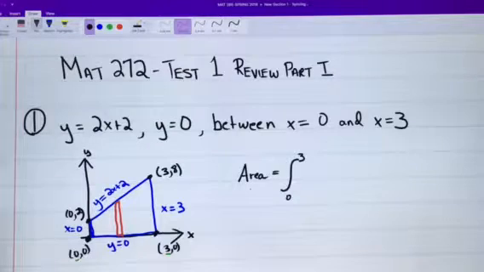Then we have the upper function minus the lower function, so that's just going to be 2x plus 2, integrating with respect to x.